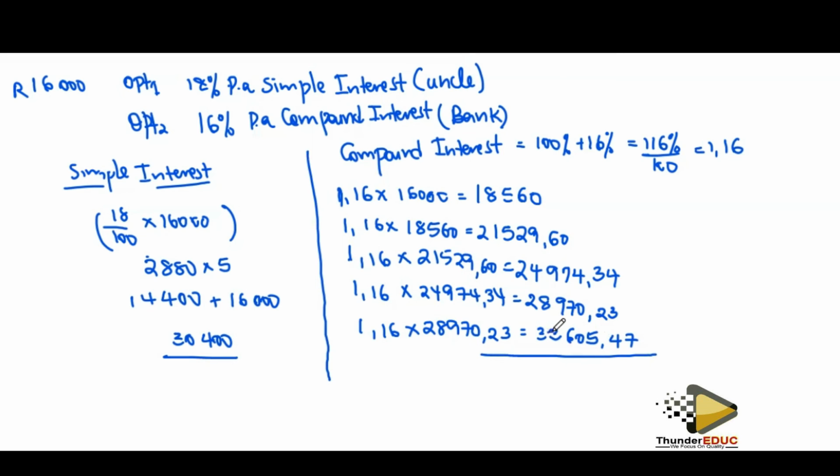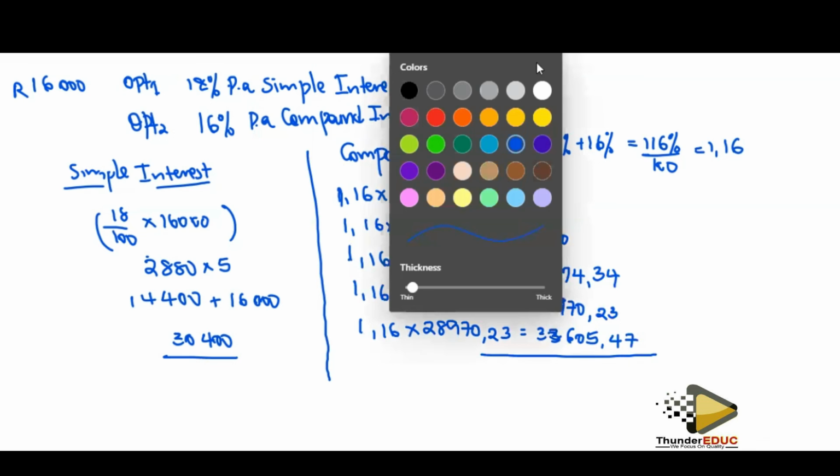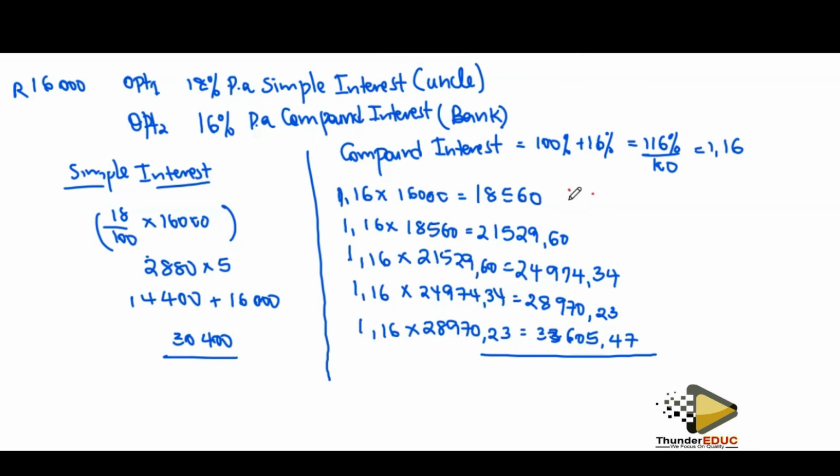So under compound, this is the last part. This is our first year, second year, third year, fourth year, and the fifth year. If you use compound interest for 5 years, you would have to pay back this much. With simple interest, you would have to pay back this much.